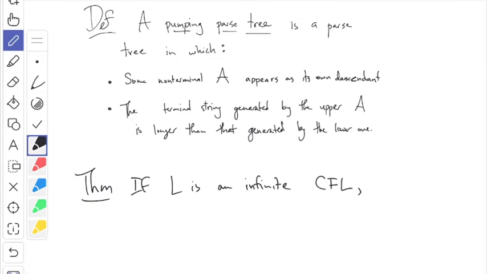basically every language we ever talk about in this class is infinite, meaning it has infinitely many strings as part of the language. If it has only finitely many strings as part of the language, then it's automatically a regular language, and basically you don't have very much interesting to say about it. But if L is an infinite context-free language, then there is some string with a pumping parse tree.